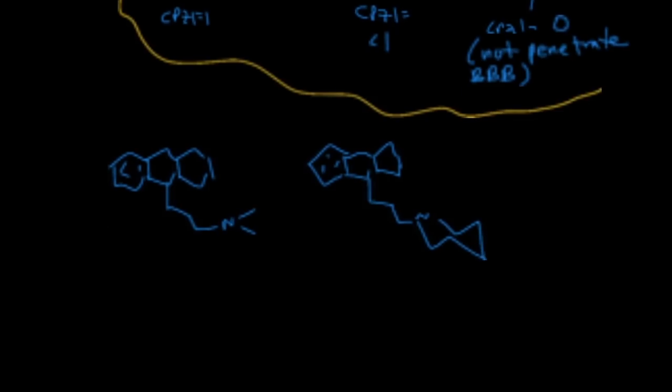So, if your CpZi of this tertiary amine is 1, what would the CpZi of this piperidine ring be? 1. Remember that tertiary amines and piperidine rings are equipotent, or equally active.